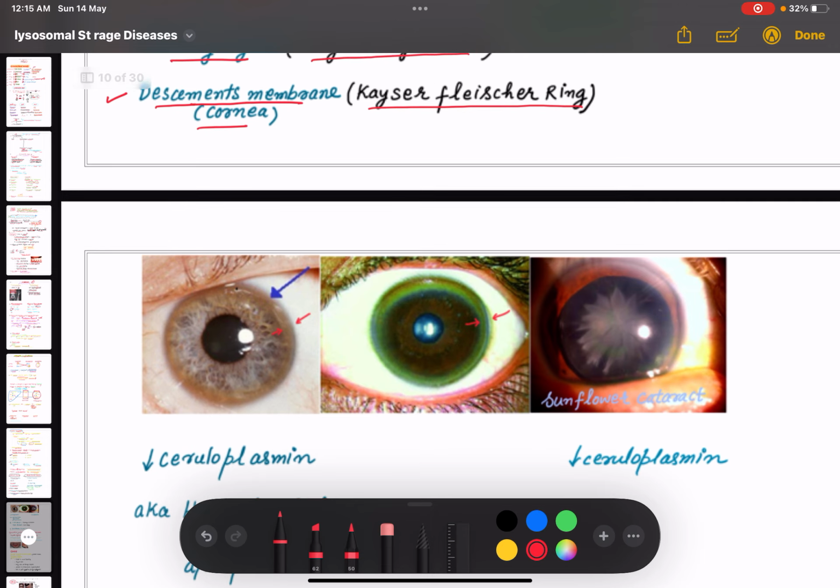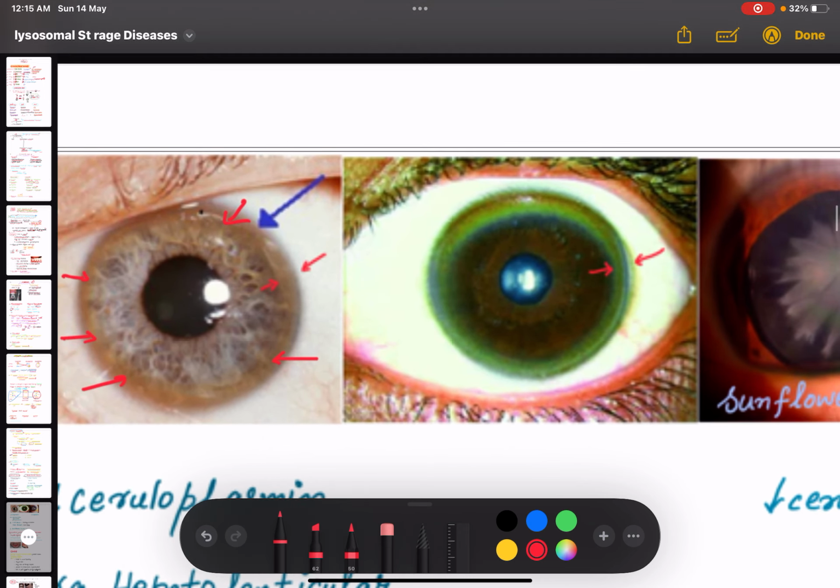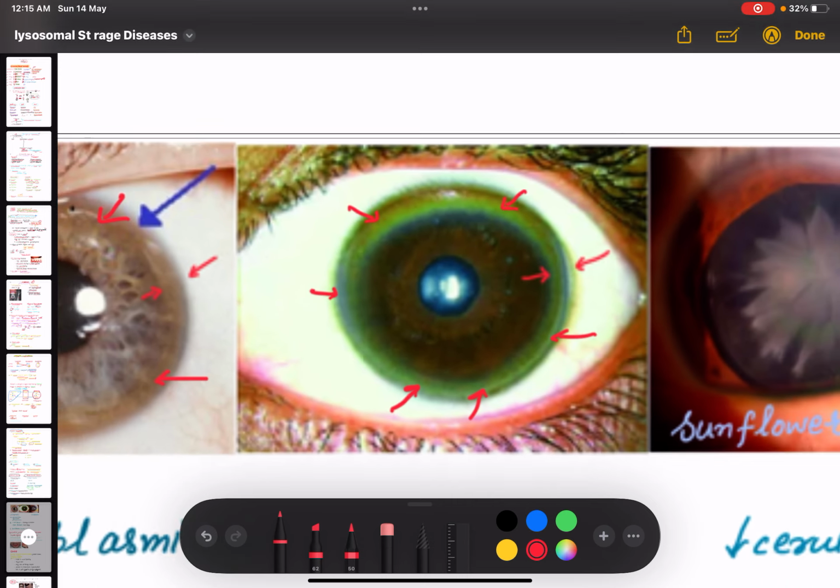As you can see here, the copper is deposited in the Descemet's membrane of the cornea in the form of a ring, which is known as KF ring or Kayser-Fleischer ring. Same image you can see here. This was the image which was given in the FMGE January exam. This is the KF ring.